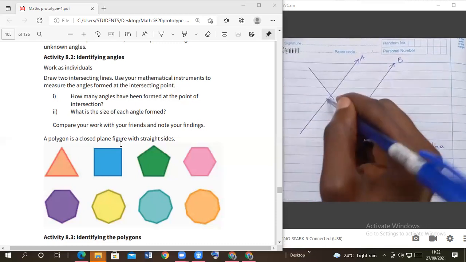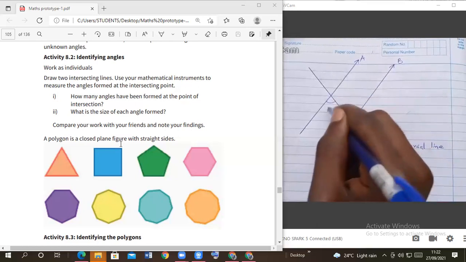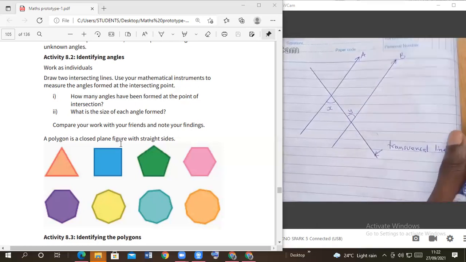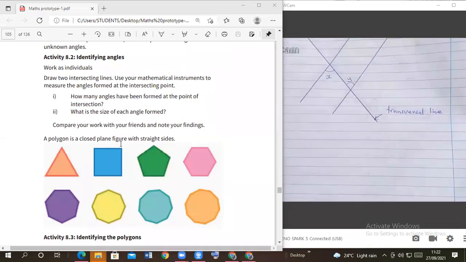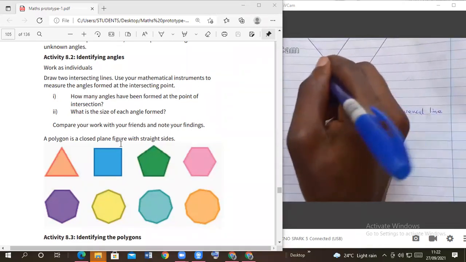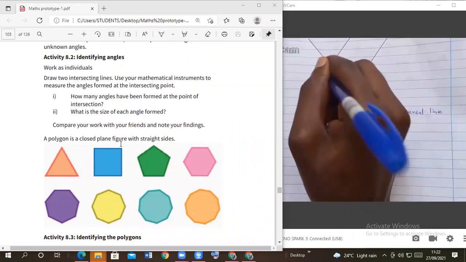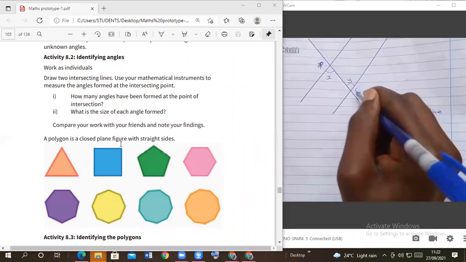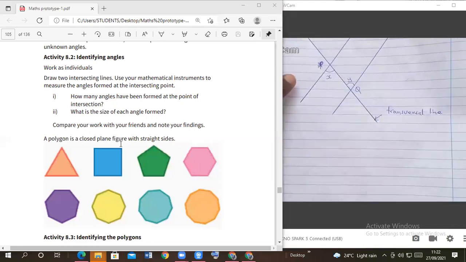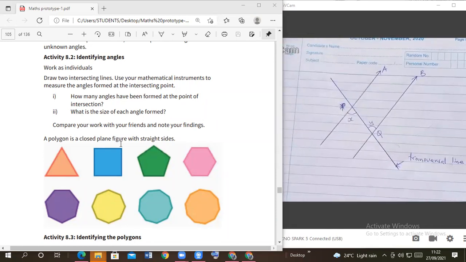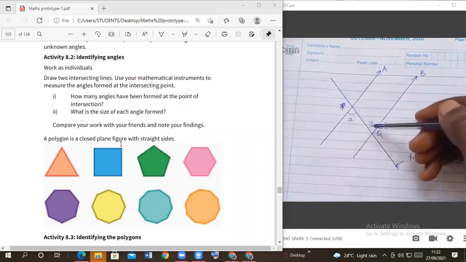Now, members, we want to investigate their properties. Let me say this is angle X, and this is angle Y. Let me say this is point P, and this is point Q. What can you say about these two angles?